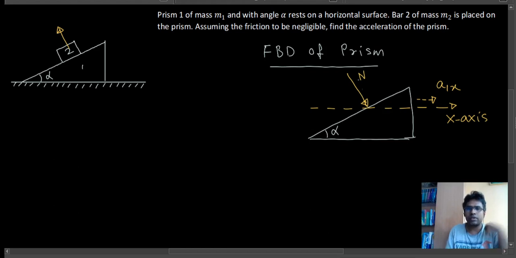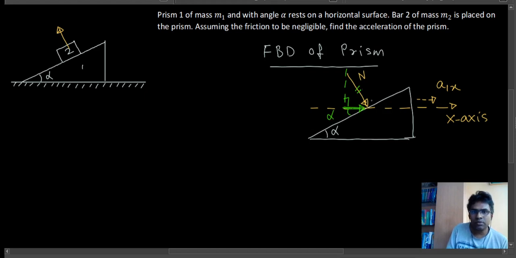Now, we just have to figure out the forces that are in the horizontal direction. If I look at this normal force, I can get its component along the horizontal line. If I draw a tiny triangle here, this component is what I am after. I need to find the angle in this tiny triangle. Let's say this is alpha, so this angle is also alpha.